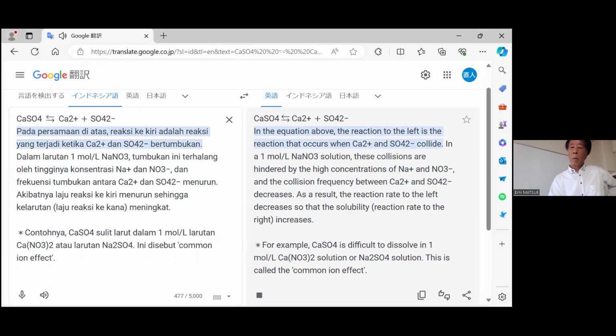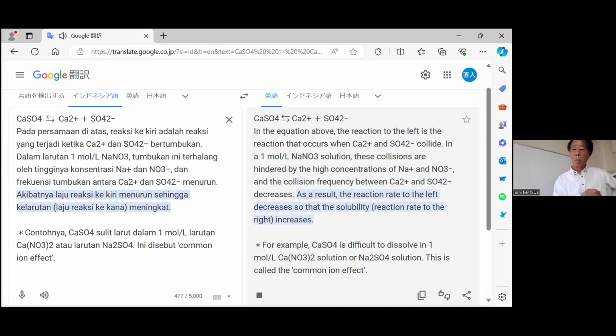The reaction to the left is the reaction that occurs when Ca2+ and SO4 2- collide. In a 1 mole per liter NaNO3 solution, these collisions are hindered by the high concentration of Na+ and NO3-, and the collision frequency between Ca2+ and SO4 2- decreases.